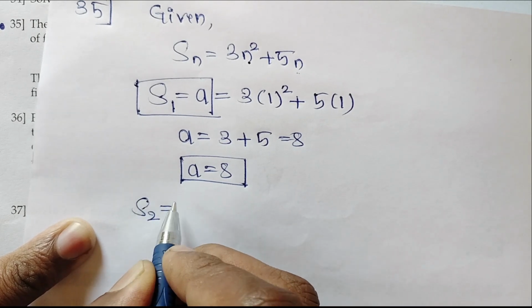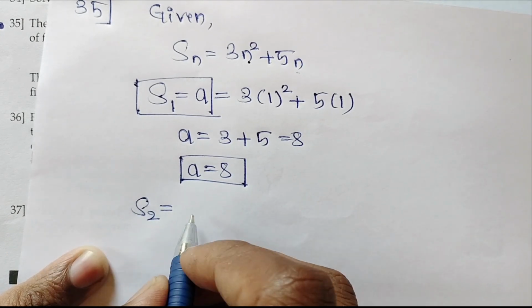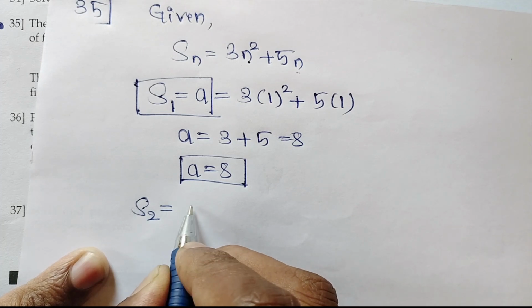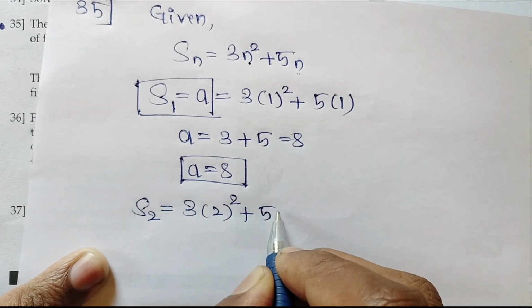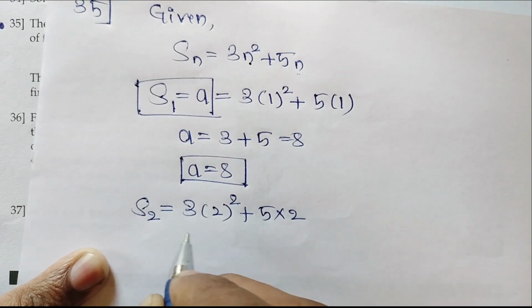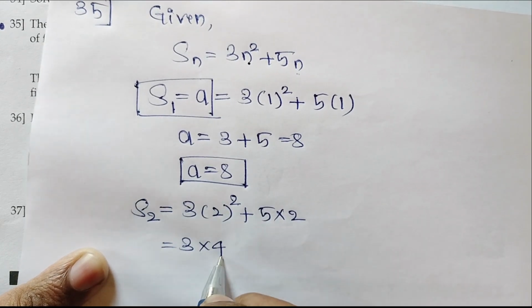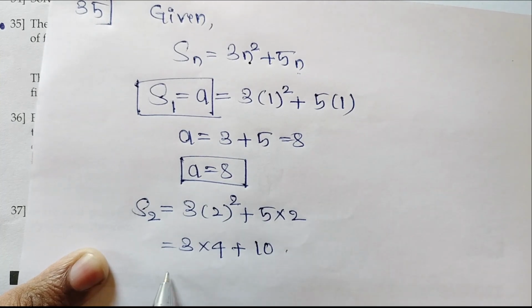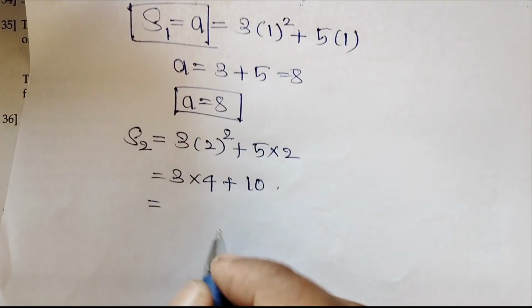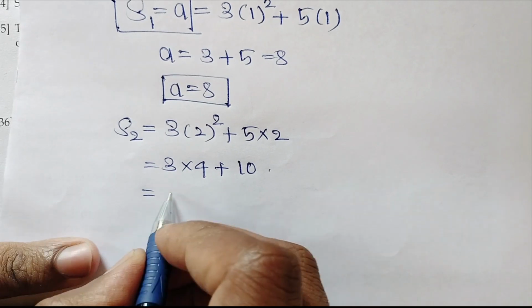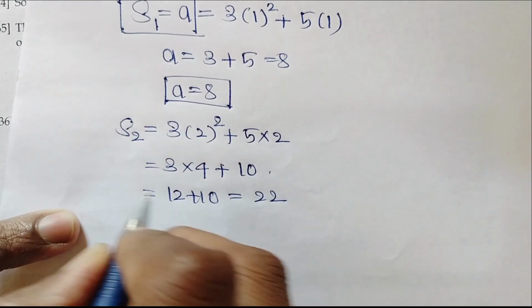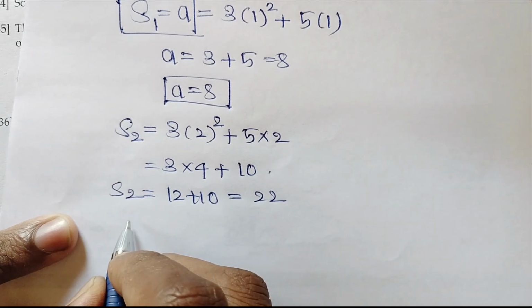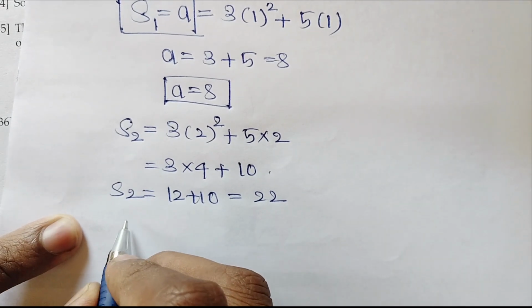And you can find S2 also: 3 into 2 square plus 5 into 2, 3 into 4 plus 10, that is 12 plus 10, that becomes 22. S2 is 22.